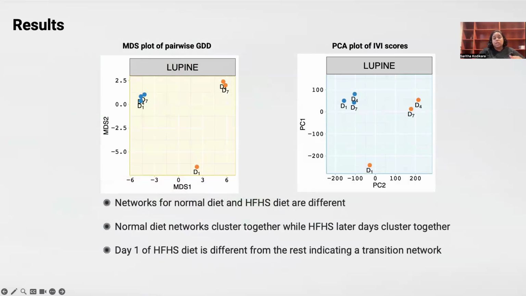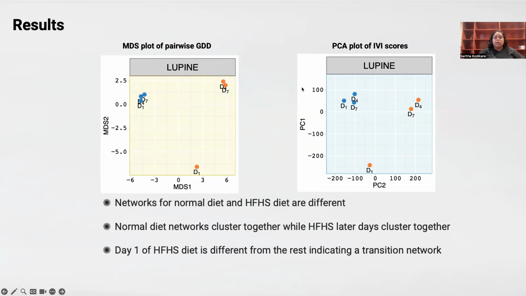If you use the GDD, or graph diffusion distance, and look at the networks, we see clear grouping patterns in the normal diet group. Across all three time points, 1, 4, and 7, the normal diet group has a close cluster, whereas the high fat, high sugar diet has a transition phase where day one is very different from the later days.